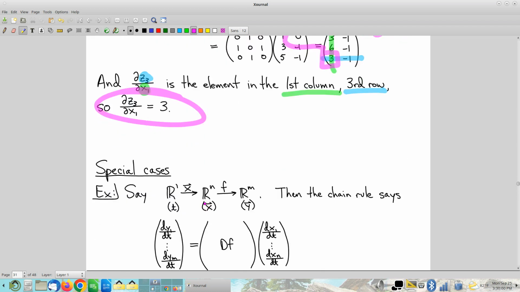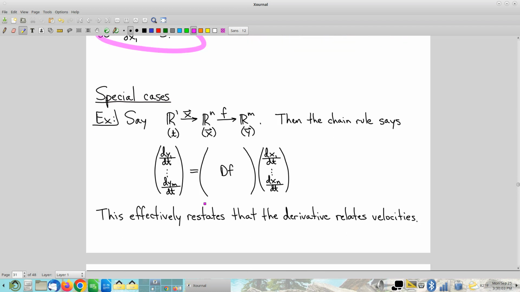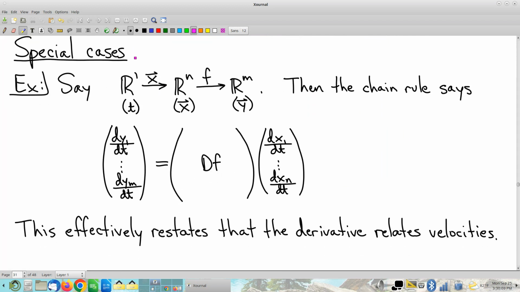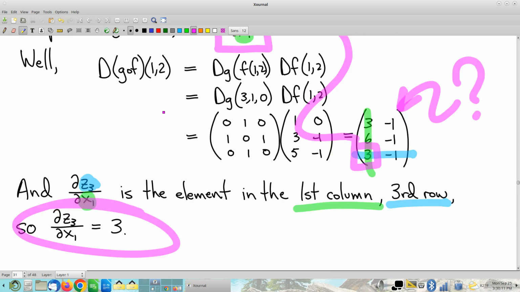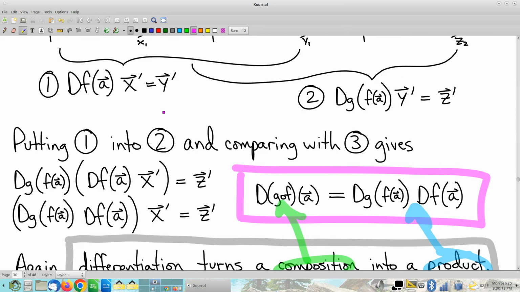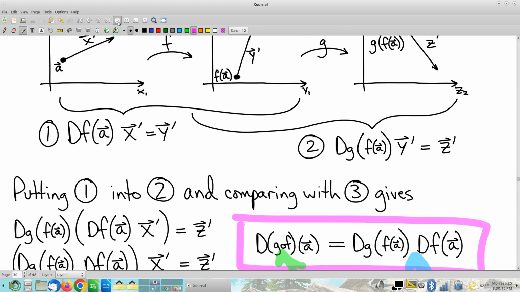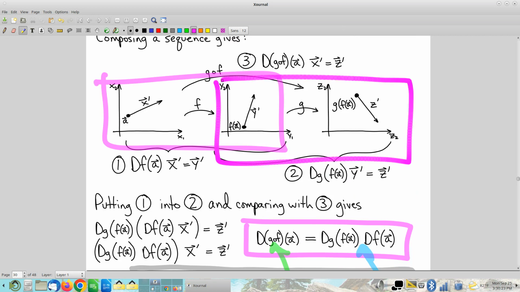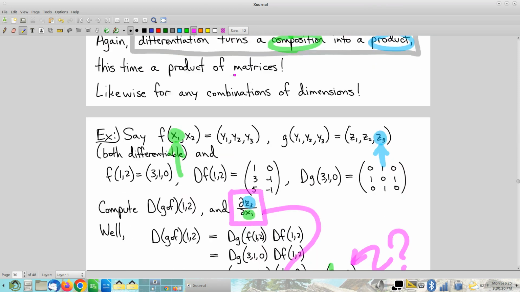All right. Real quick, some special cases I want to talk about for the chain rule. Keep in mind, our chain rule is a statement about composing multivariable functions. Let me go back to it real quick. Here you go. It's a statement about composing multivariable functions, right? I have a function here, several in, several out, and I have a function here, several in, several out, that I'm composing.